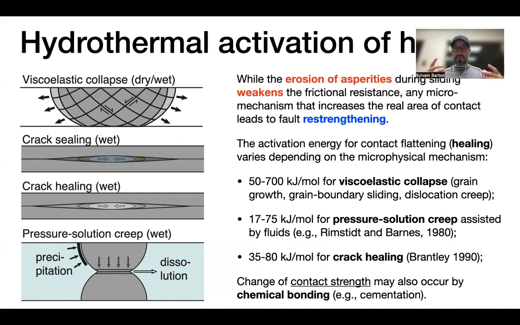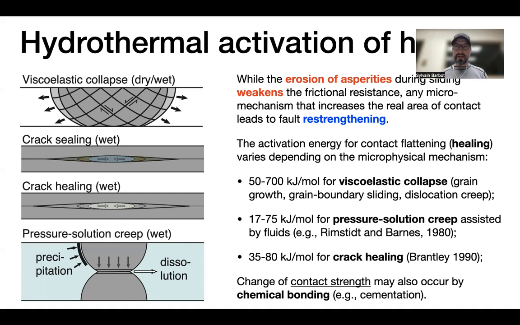That also leads to the collapse of these contact junctions. Another mechanism is stress corrosion, which modulates the speed of the growth of cracks, and so it basically modulates the speed at which deformation happens.